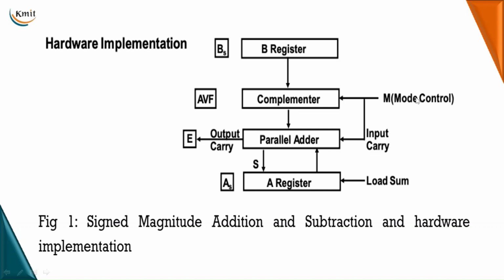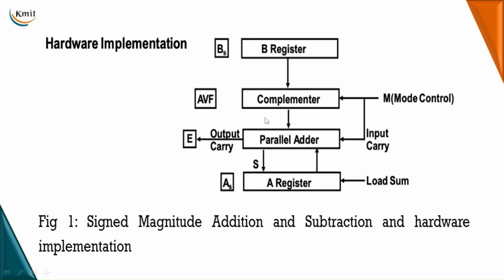So whenever the mode bit is 1, the complementer will perform the 1's complement of B, and the input carry 1 is added to it along with the contents of register A. So it becomes A plus 1 plus B complement. 1 plus B complement is nothing but minus B. So it performs A minus B.